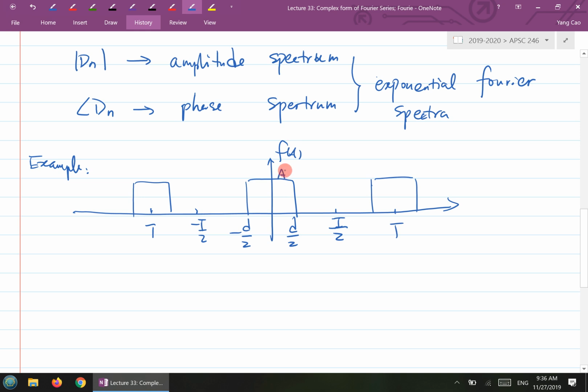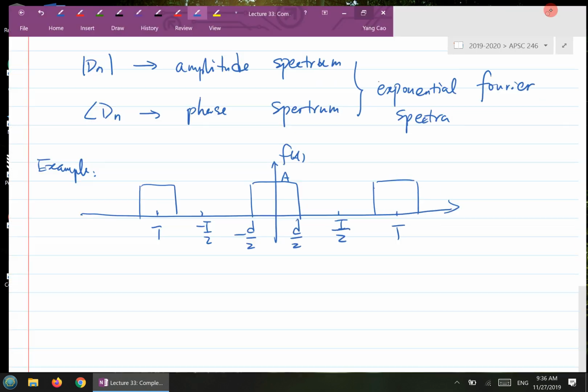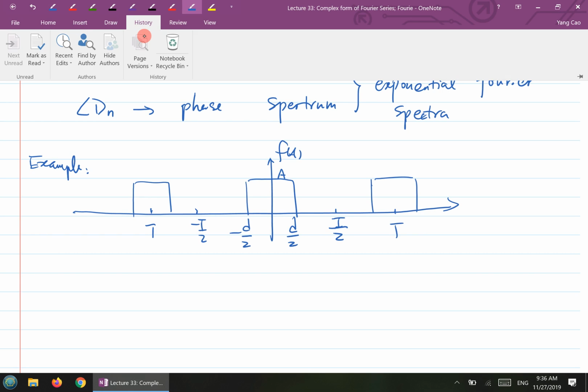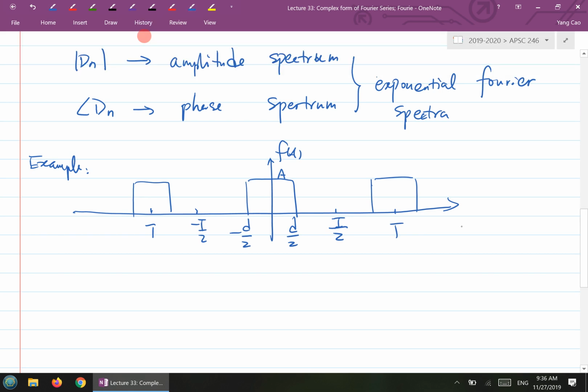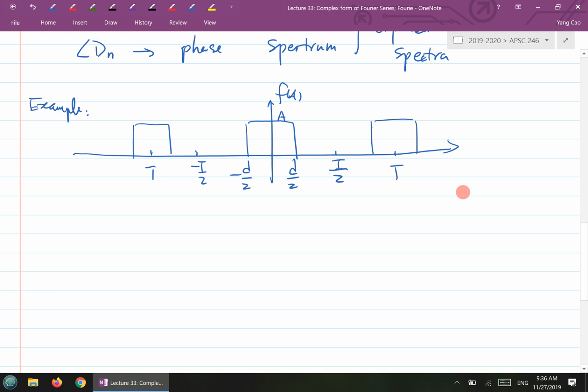The box has an amplitude of A here. I need to calculate the Fourier series, so let's find the Fourier series in the complex form for this periodic function.